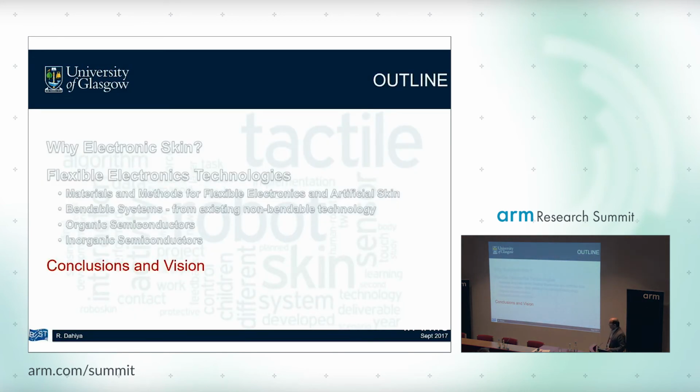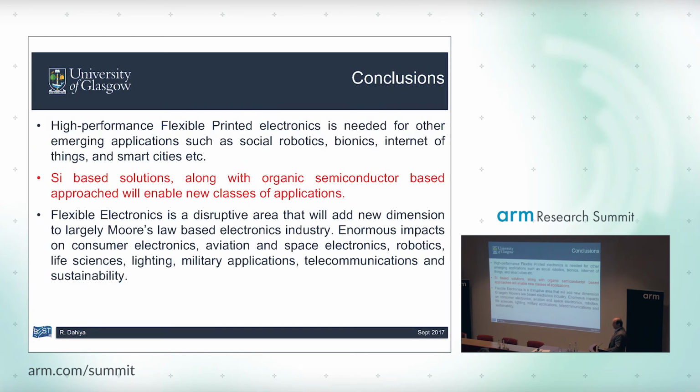So finally, this brings me to the end of the presentation, the conclusions. High performance flexible electronics is needed for emerging applications such as social robotics, bionics, Internet of Things, smart cities, etc. But that does not mean that this is the only solution. It is complementary to organic-based electronics. One example is displays, where you have an OLED display, but at the back side you have drive electronics, which is high performance.